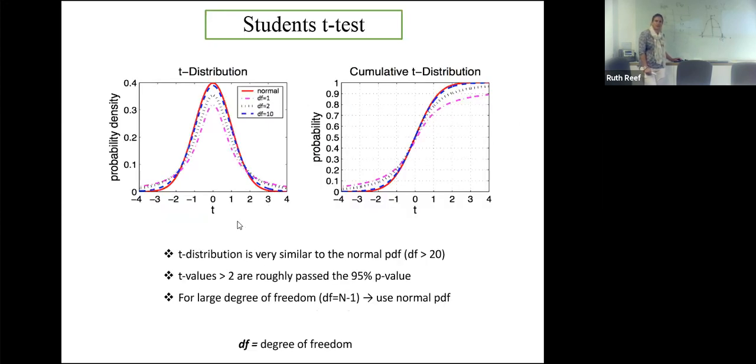A t statistic can have a range of numbers, and above 2 they pass the 95% p-value. If I look at it in a cumulative t-distribution function, by 2 I've reached about 95%, depending on the n.